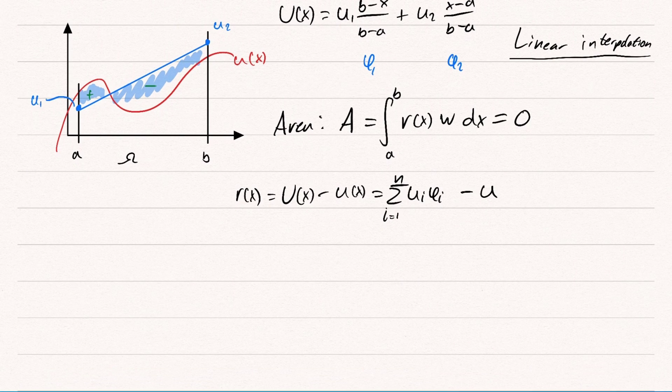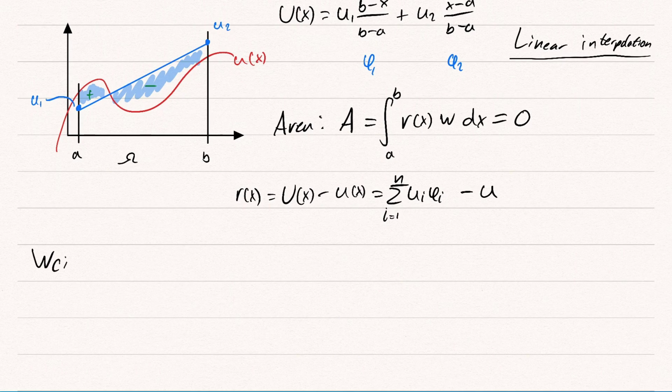Right, so minimizing the area A means finding which u_i are minimizing it. It's basically like sliding these guys around here until this area is as small as possible graphically. So this method is called the weighted residual method.